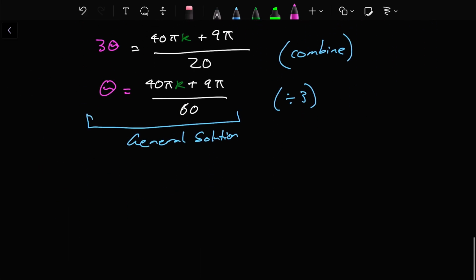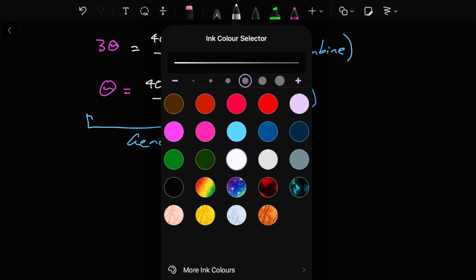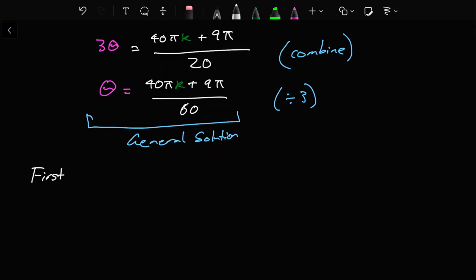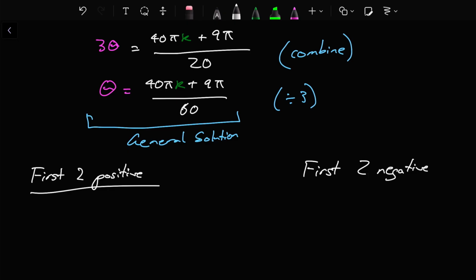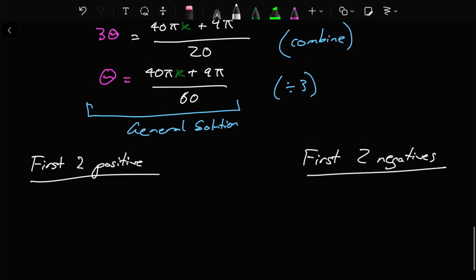So let's do the first 2 positives at k equals 0, which gives us that theta is going to be equal to 40 pi times 0 plus 9 pi over 60.